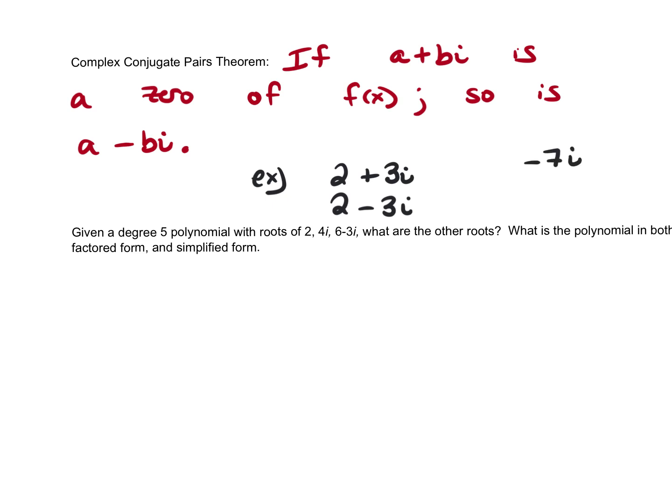If this is a zero, negative 7i, this is like 0 minus 7i, then 7i is also a zero. So this is not really a complicated theorem because the way we get these imaginary roots is we'd either use the quadratic formula, which has the plus or minus, or we'd use the square root principle where we get the x squared by itself and take the square root, where we add the plus or minus. So one way or another, you're always going to get those two answers, and they're always going to come in pairs. So this can help us out a lot when we're trying to find polynomial functions.